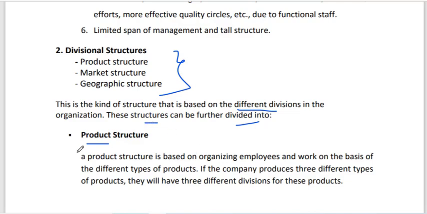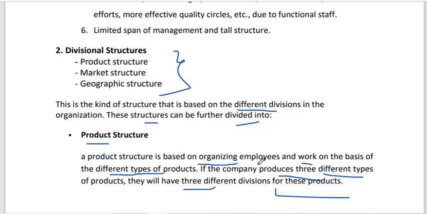A product structure is based on organizing employees and work on the basis of different types of product, which types of product they will produce. Let's say a company produces three different types of product, all different, so they will have three different divisions for these products.